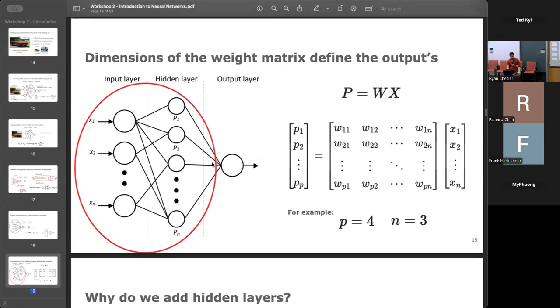Now looking at the dimensions of things, understanding how many inputs and how many outputs there are. This is saying P equals 4. P is our number of neurons in our hidden layer. And this is the number of inputs that we have, so N equals 3. We have 3 inputs and 4 hidden neurons.